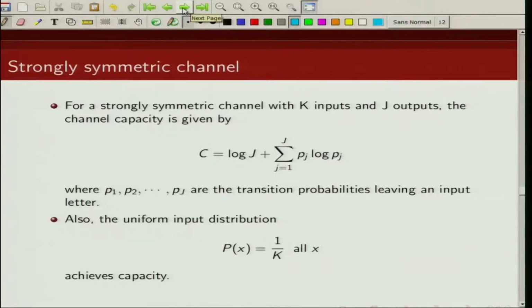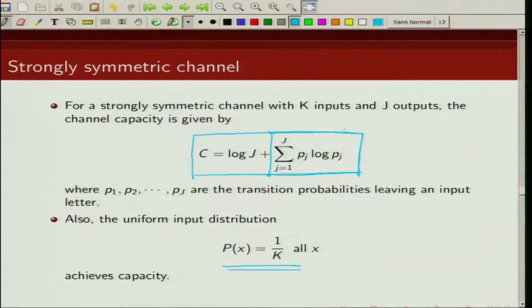And another point to be noted is that the input distribution that achieves capacity is the uniform distribution, because we know that for a uniformly dispersive channel, irrespective of what my input distribution is, H of Y given X is given by minus of this quantity, and H of Y is maximized for uniform input distribution.